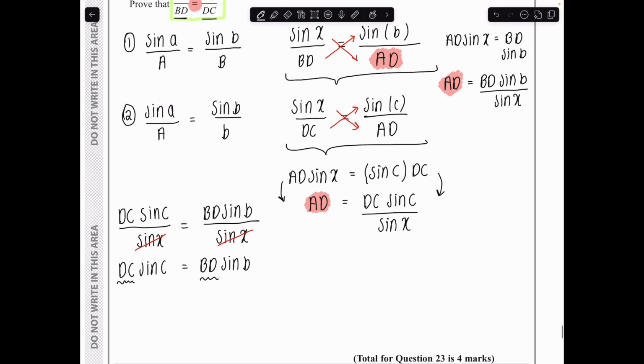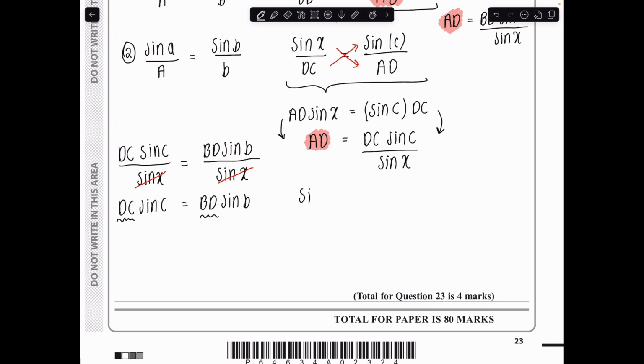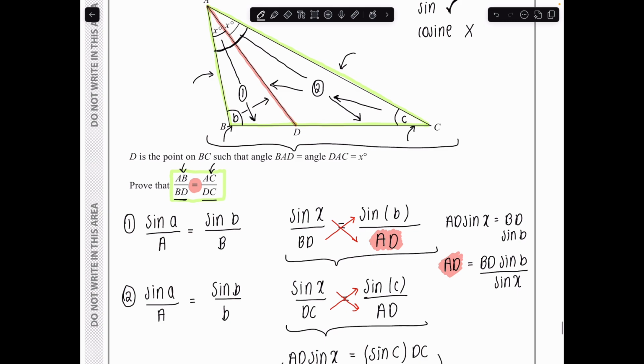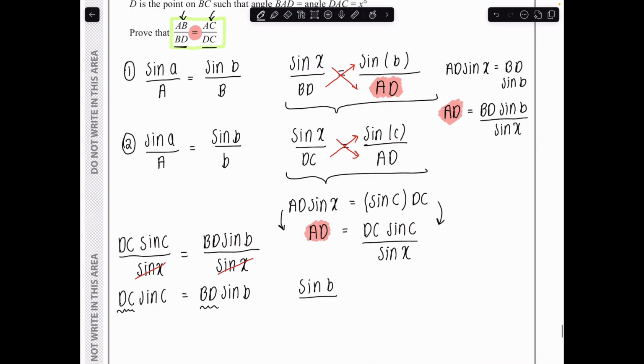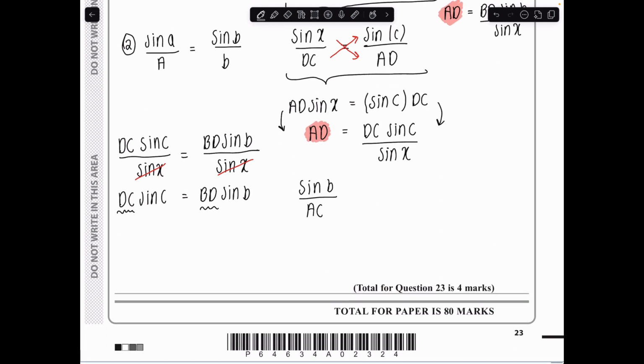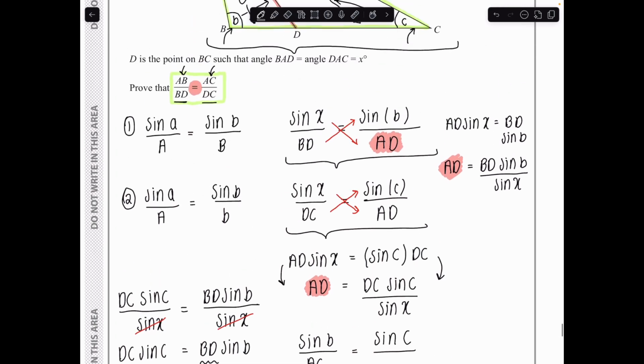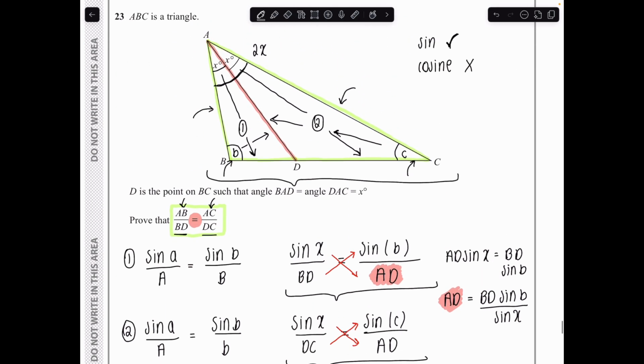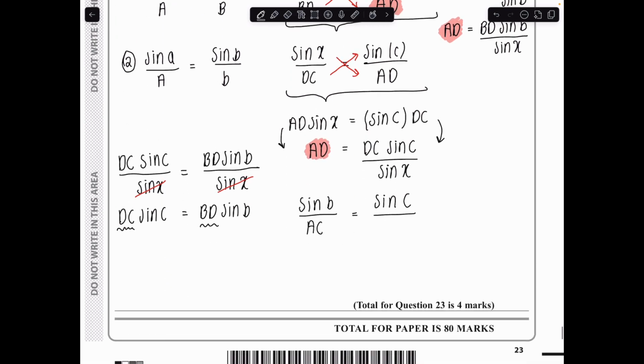So in that case, let's use the sine rule now. So sine of B over, but then what's the opposite of the angle B? That would be the side AC. And that would be equal to sine of C. And what is the opposite side to the angle C? That would be the side AB. So then we'd put AB here.